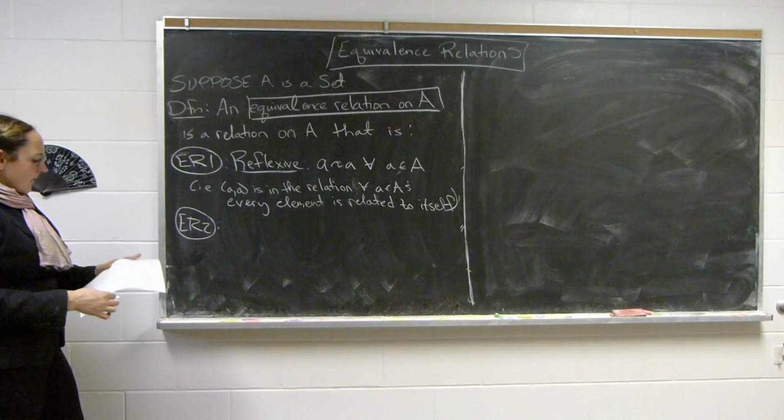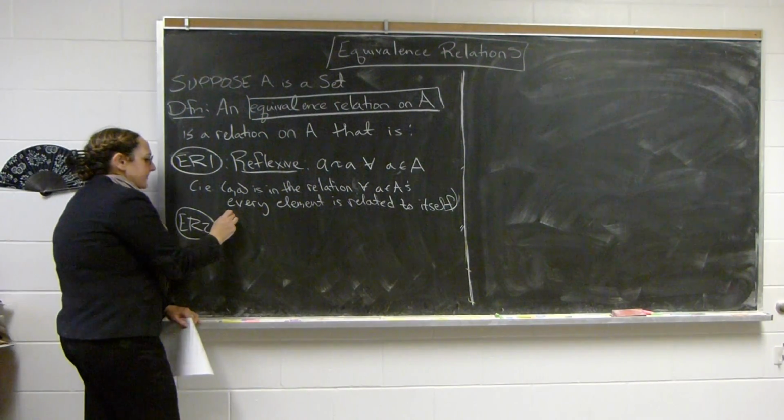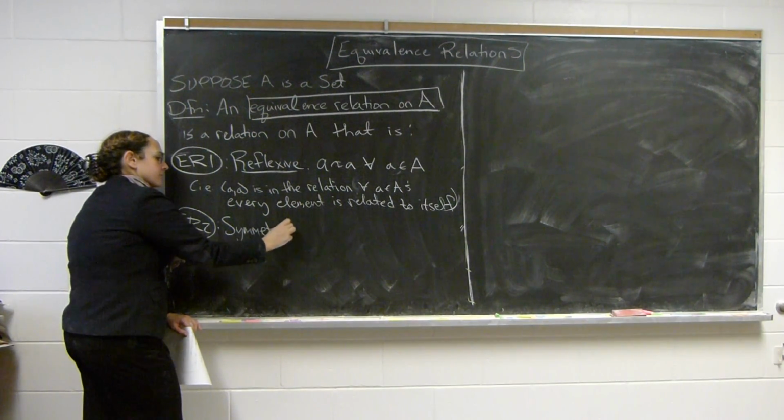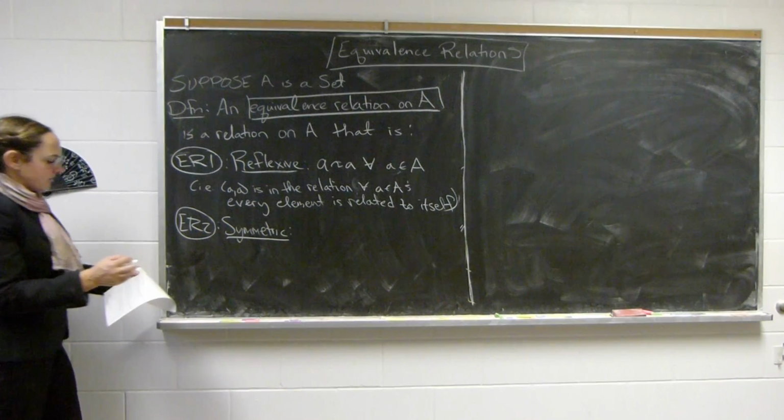Okay, so the next part is that it must be something called symmetric. What does it mean for a relation to be symmetric?